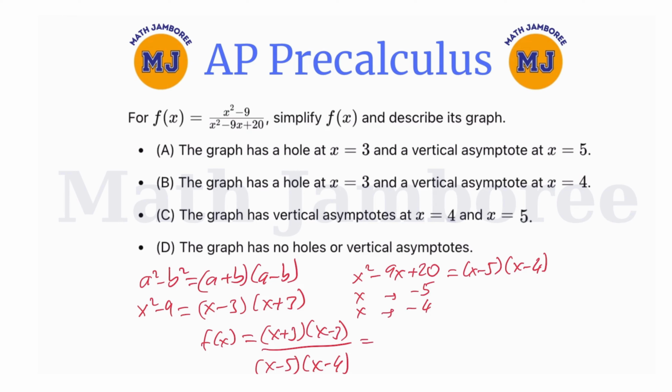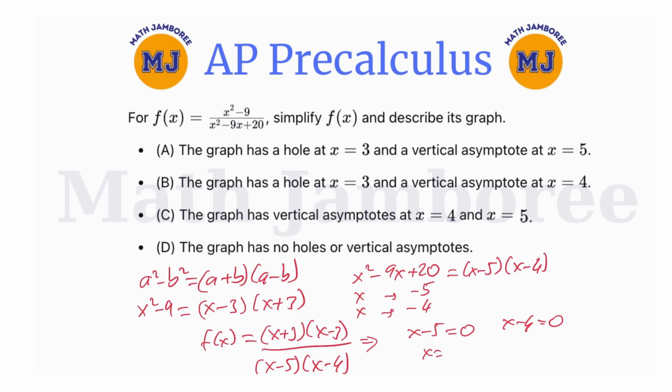Next, let's identify the vertical asymptotes. They occur where the denominator equals 0, assuming these points are not cancelled out by the numerator. So to find them, we'll just make it equal to 0.